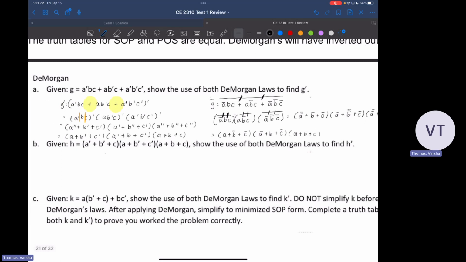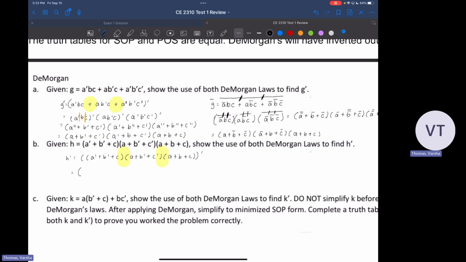Okay, so this one I'll just do the apostrophe notation to save time. We have H naught is equal to A naught or B naught or C, A or B naught or C naught, A or B or C, and all of this is notted. Okay, so I'm going to break it up in these bigger sections.